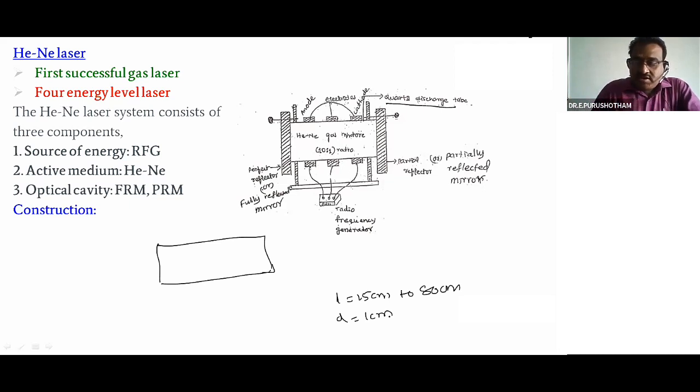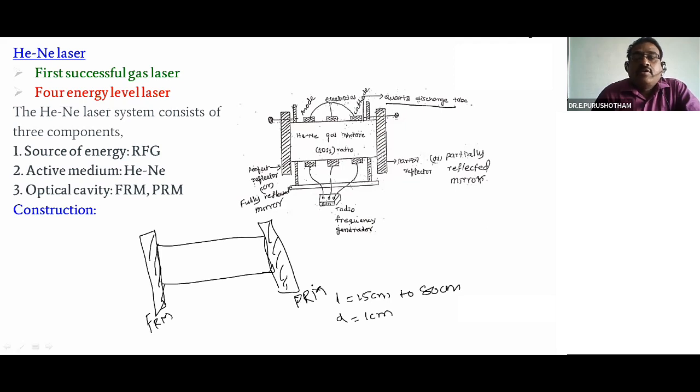The left side of this quartz tube is connected to the fully reflected mirror, and the right side is connected to the partially reflected mirror.